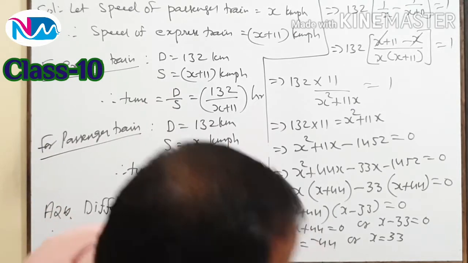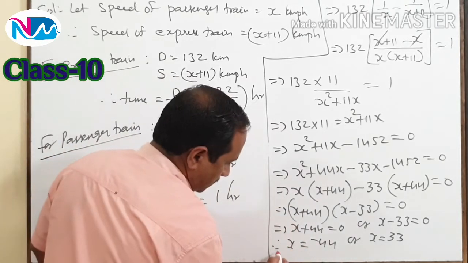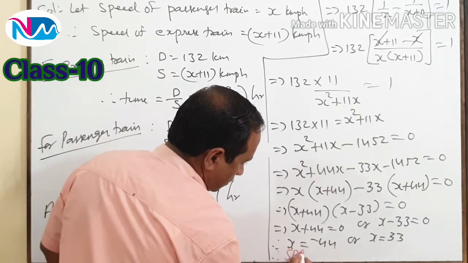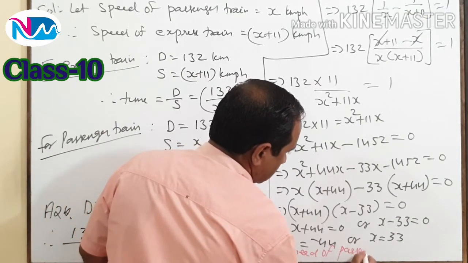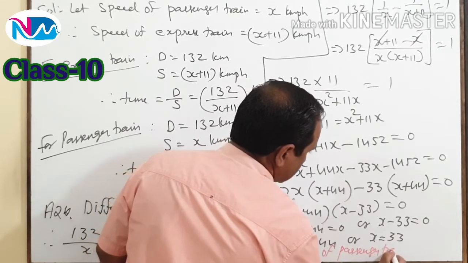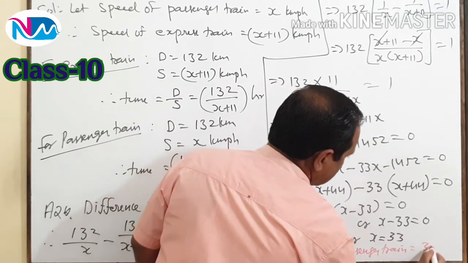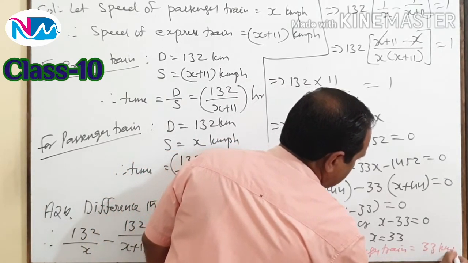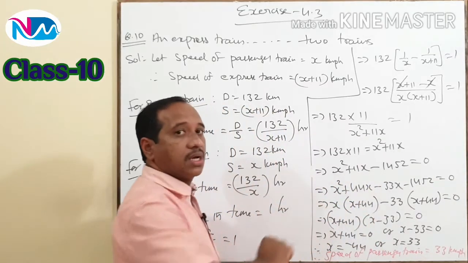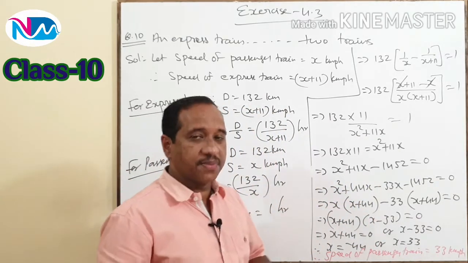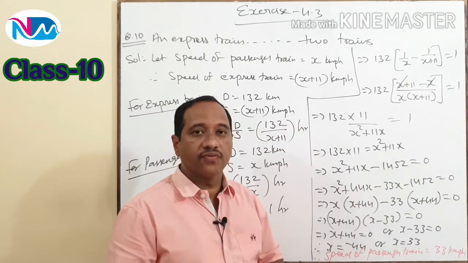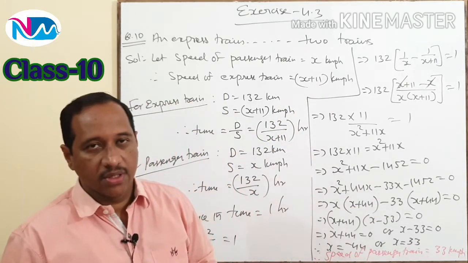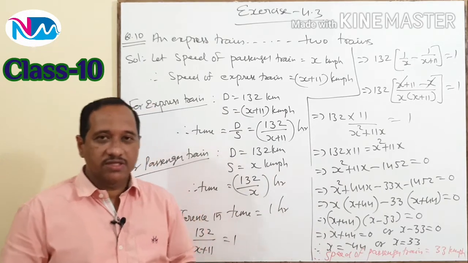Therefore, speed of passenger train is equal to 33 km per hour, and similarly you can write the speed of the express train is equal to 33 plus 11, 44 km per hour. So I hope you understood this question well.